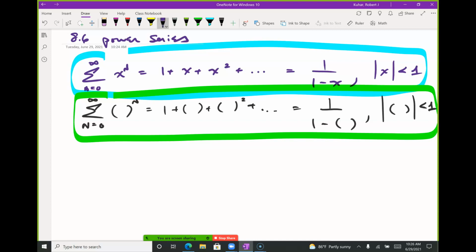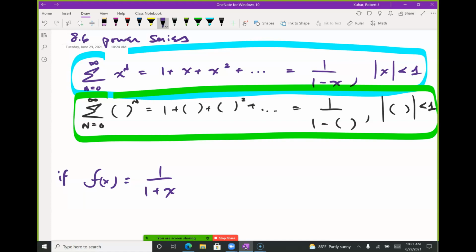So for example, if I gave you f of x equals 1 over 1 plus x, and I said find me the power series.